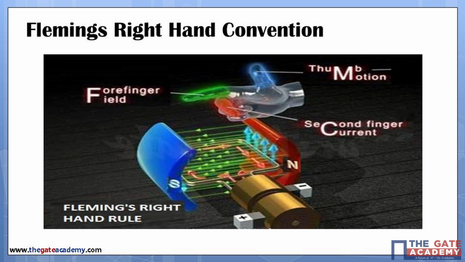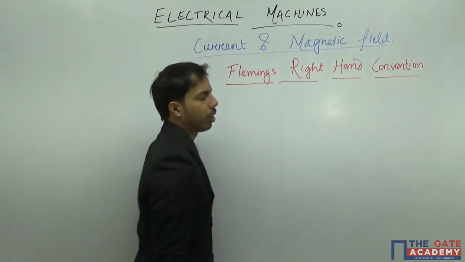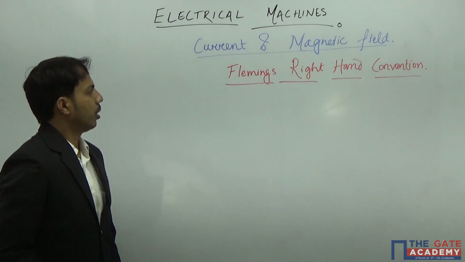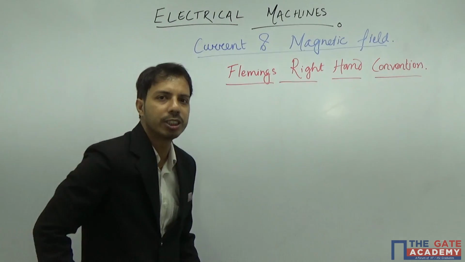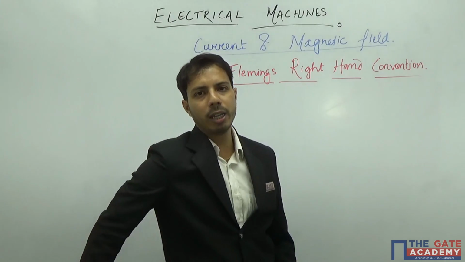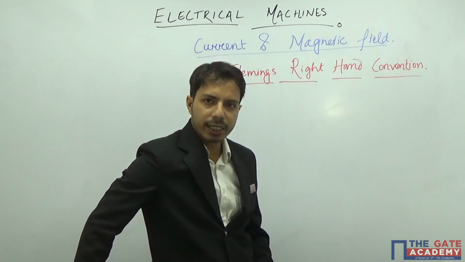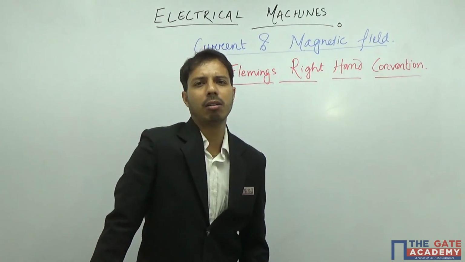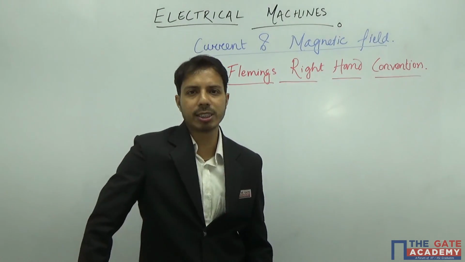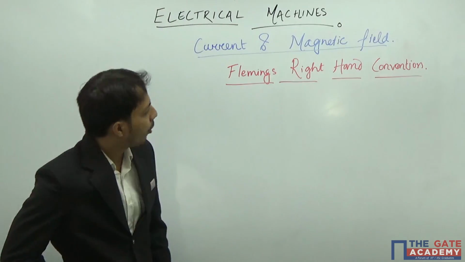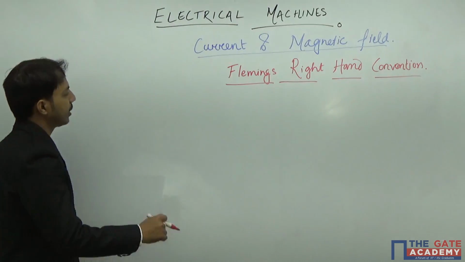You can see it in your PPT also. We use this convention to find out the EMF which is induced in a particular coil, which is either having flux cutting action or linking a flux which is changing with respect to time.